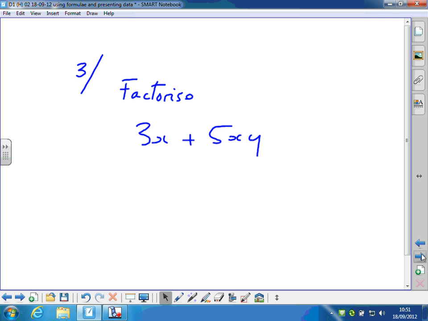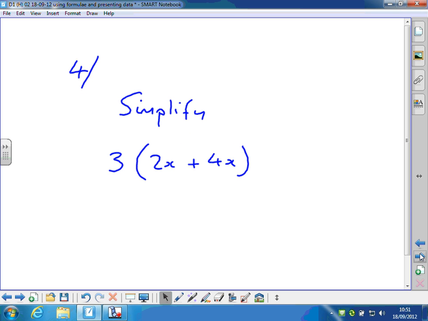Shouldn't take a few seconds if you know what to do. So moving on. Again, something we need to talk about. What does that word mean? Simplify. Simplify that expression.